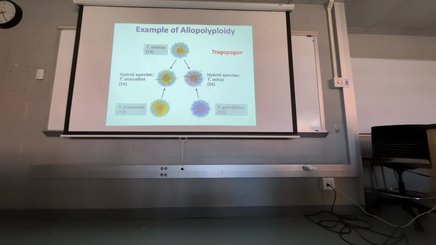It can't produce babies. But what happens sometimes when they do interbreed, the sterile individual undergoes a mitotic or meiotic error in the germ cells, and you double the chromosome number. So you go from 12 to 24.